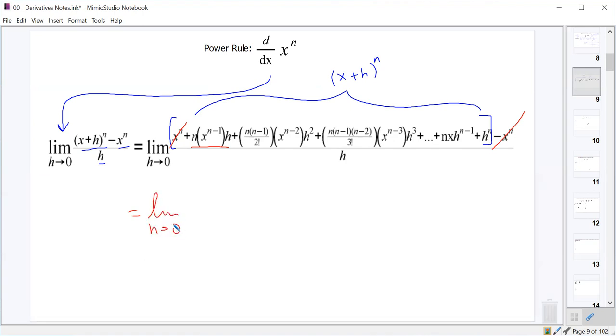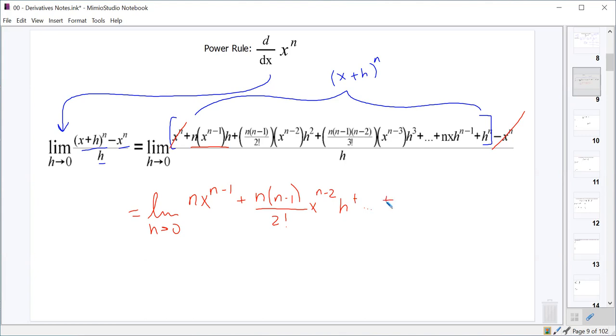Limit as h approaches 0 of n x to the n minus 1. And then this next one should be n minus 1 over 2 factorial x to the n minus 2 times h now, because h squared divided by h should just be h. And so on down the line. I'm going to skip this one here, but it's going to have all of this stuff except with an h squared.